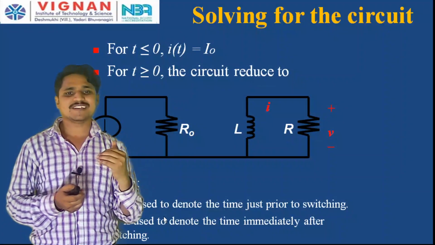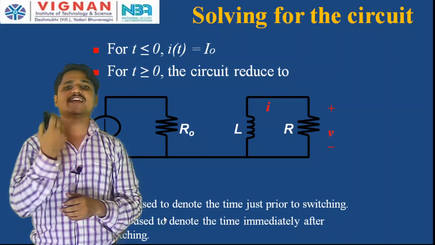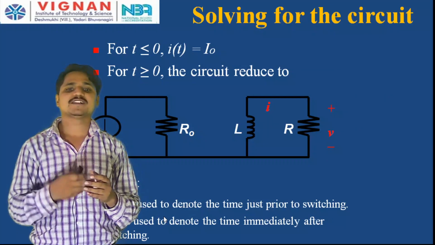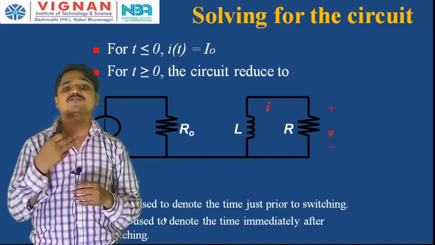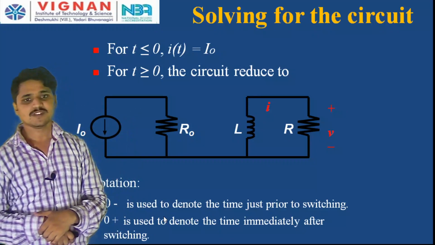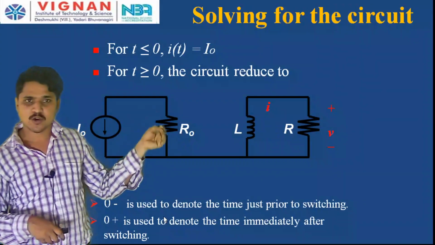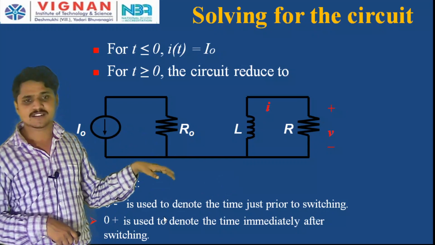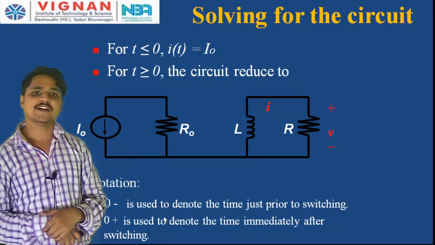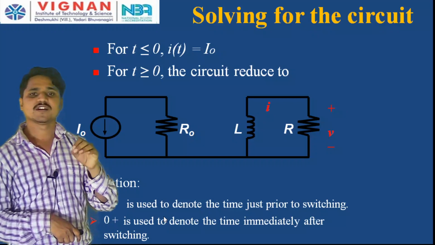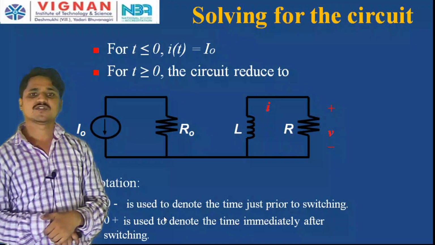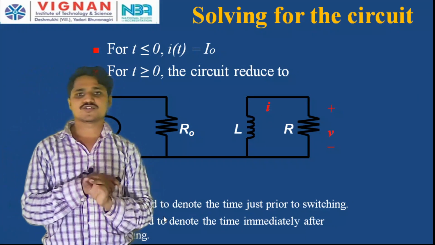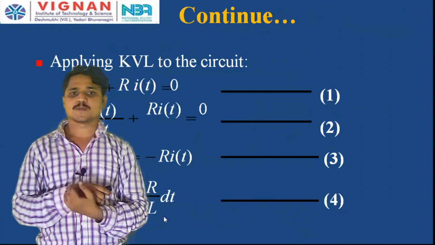T equal to 0 plus denotes the time immediately after switching, that is, immediately after opening the switch. So, in this example, t equal to 0 minus means the switch was in the closed condition, t equal to 0 plus means immediately after the switch is opening, and t equal to 0 means the moment at which the switch is open. So, these are the three conditions: t equal to 0, t equal to 0 minus, and t equal to 0 plus.